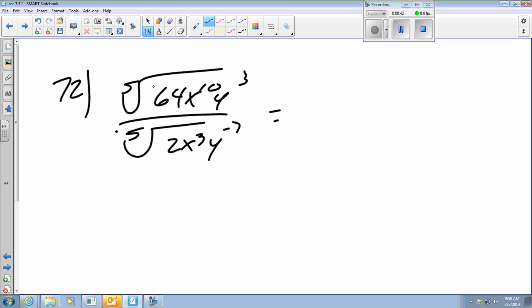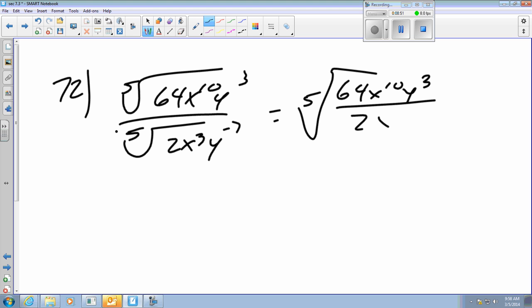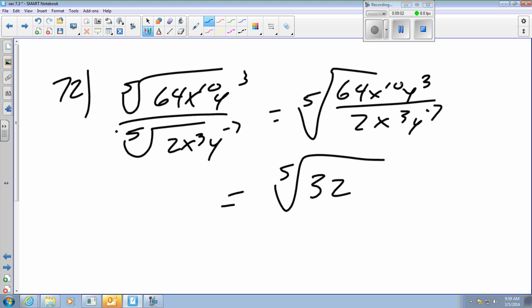Since we're both 5th roots, we're going to write it under the same radical, 64x to the 10th y to the 3rd divided by 2x to the 3rd y to the negative 7. Let's simplify that. 5th root, 64 divided by 2 is 32. X to the 10th divided by x to the 3rd leaves me with x to the 7th, and 3 minus negative 7 leaves me with y to the 10th. Remember, when you divide, you subtract the exponents.